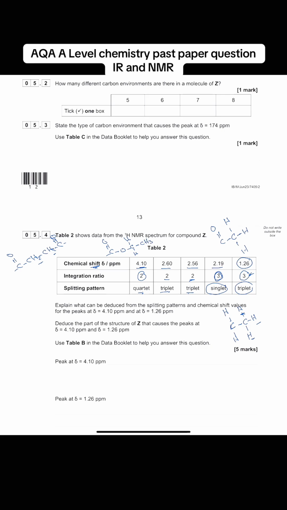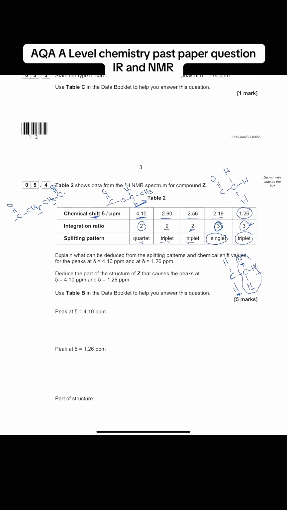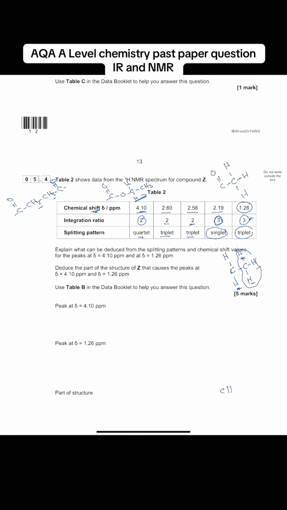Okay, so now let's link all of these together. This is the first CH3 next to the CH2, which is this part here. So now I know I have CH3, CH2, oxygen, and then a carbonyl group. And then I have these two CH2 groups. These are 2.56 and 2.60.